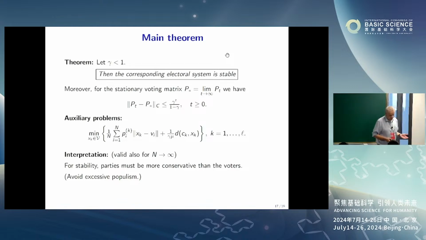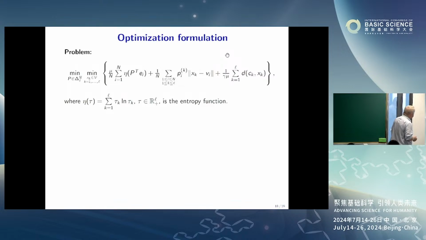Why are we speaking about optimization? Because actually there is optimization behind. You don't see that people who vote and parties which change their position are doing optimization, but there is, here it is. A convex function, so it is minimized. We fix x_k. This is again a simple computation.